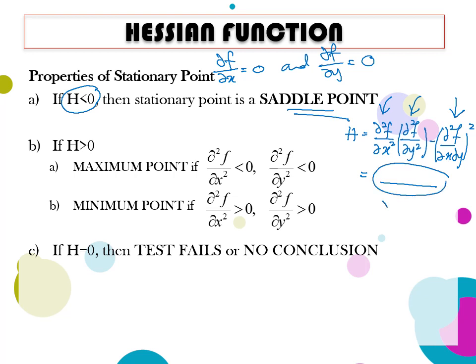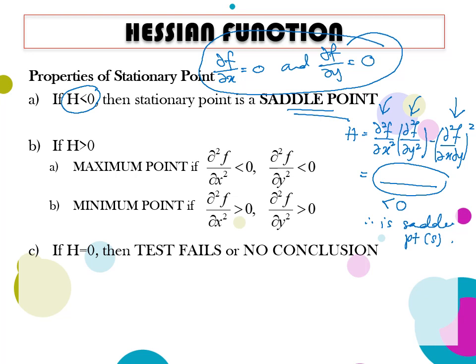If it is less than 0, you can conclude that the stationary point you got from this setting is a saddle point or points.